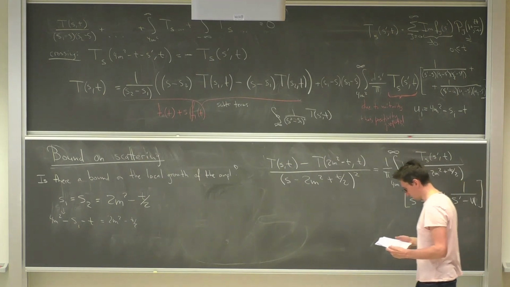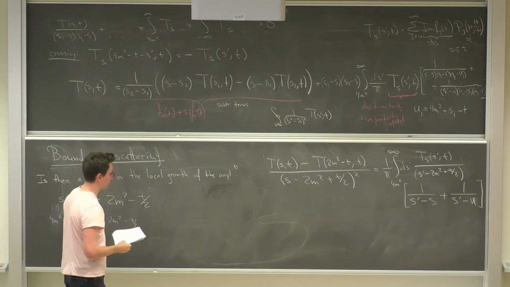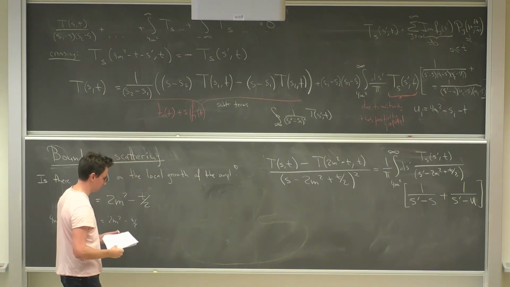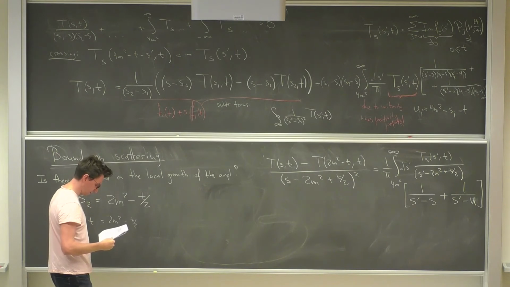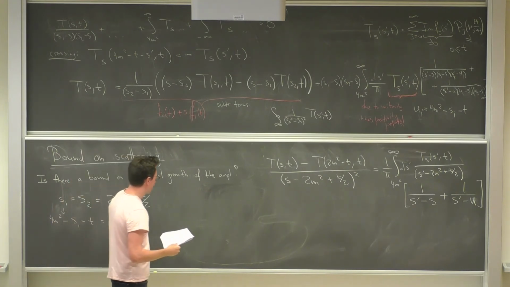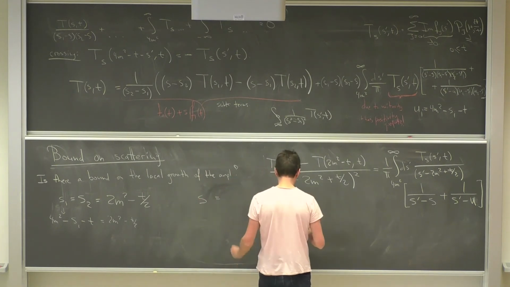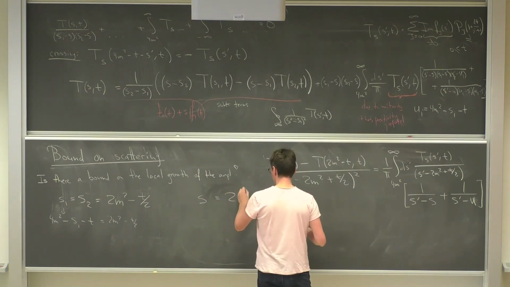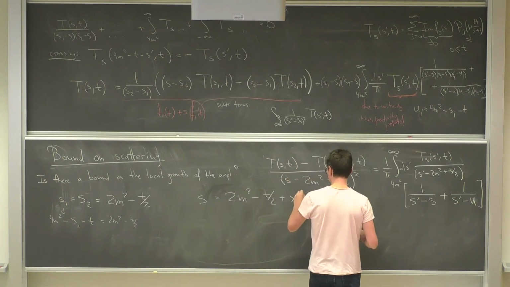So let's do it. And now I will do a few steps, and please watch my hands. Let me consider S, for simplicity, to be (2m squared minus t)/2 plus x plus iy.